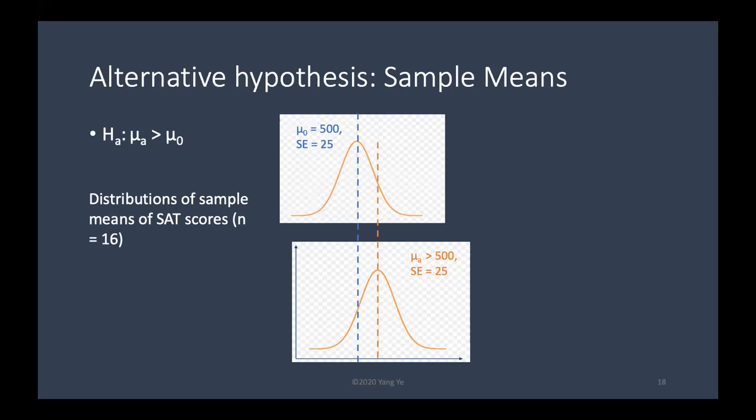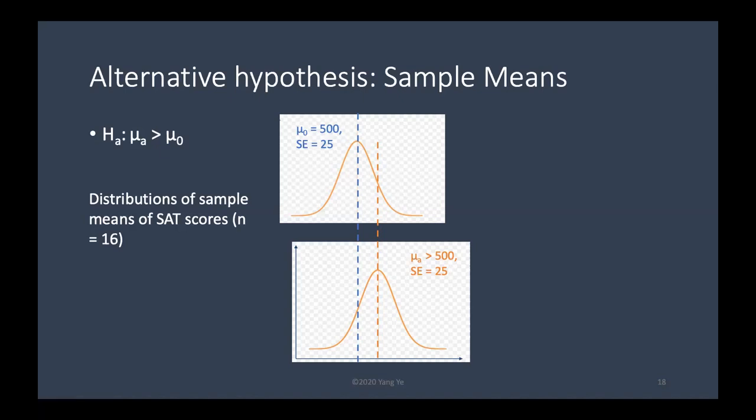The standard deviation of a sample mean is 25 instead of standard deviation of individual scores, which is 100. So this is the distribution of sample means. This is the population. This is the national, and underneath is our college.